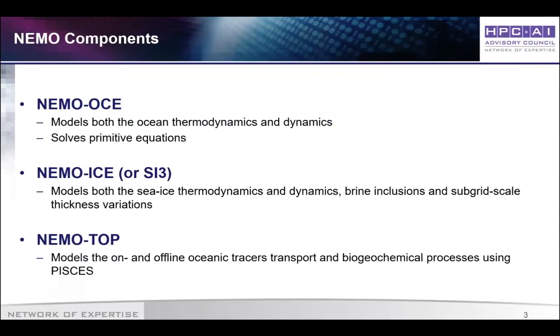And then there's NEMO Top that models tracers, transport of tracers, and biogeochemical processes using a subcomponent called Pisces. And we're going to be using that for the HPC benchmark.